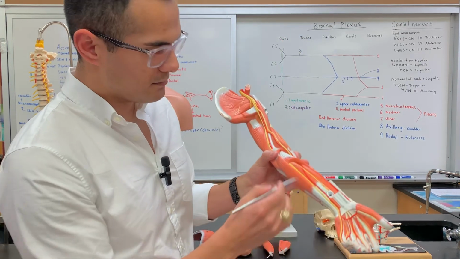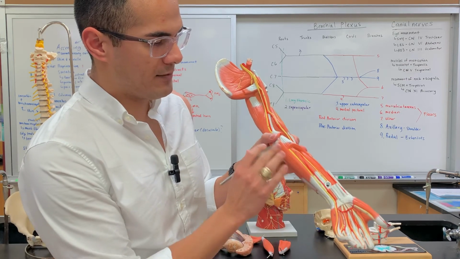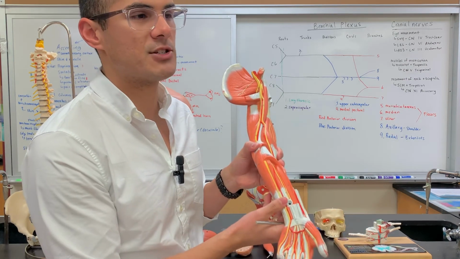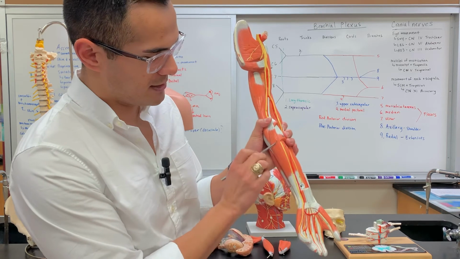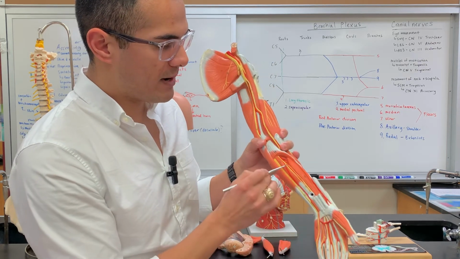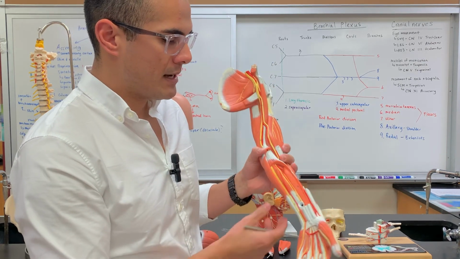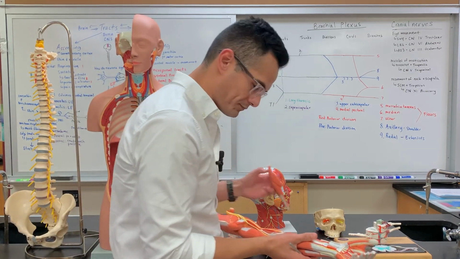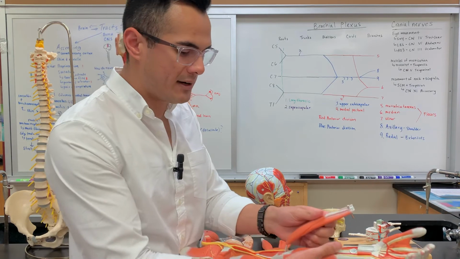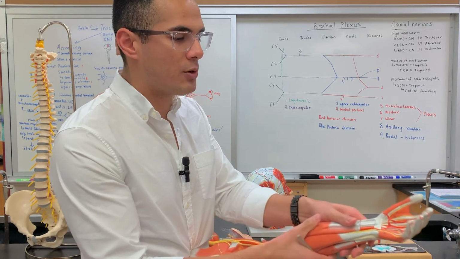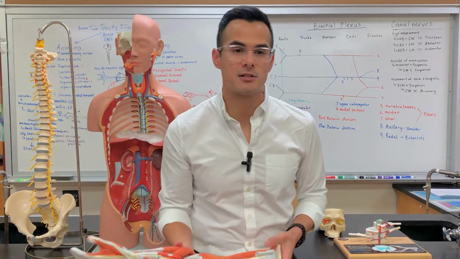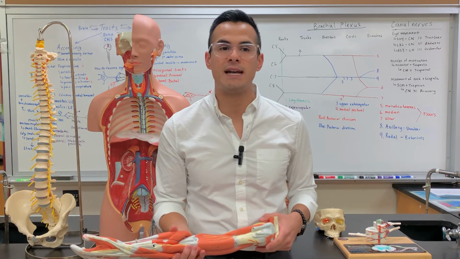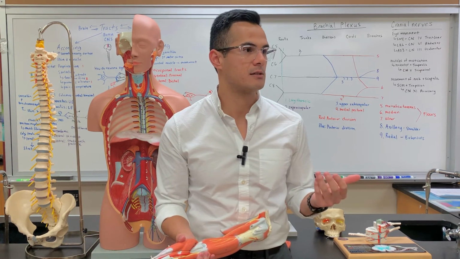Okay, so the ulnar nerve innervates one of the muscles known as the flexor carpi ulnaris, so that's what's found here. And then we've already identified the median nerve. The thing with the median nerve is that it's going to innervate the majority of the flexors for the wrists and the phalanges.